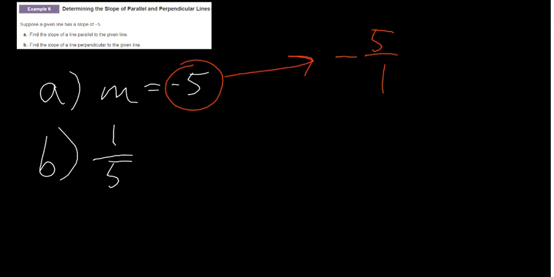That's it. You just take the slope and flip it on its head. Oh, and you change the sign. If it's positive, change to negative. If it's negative, change it to positive.